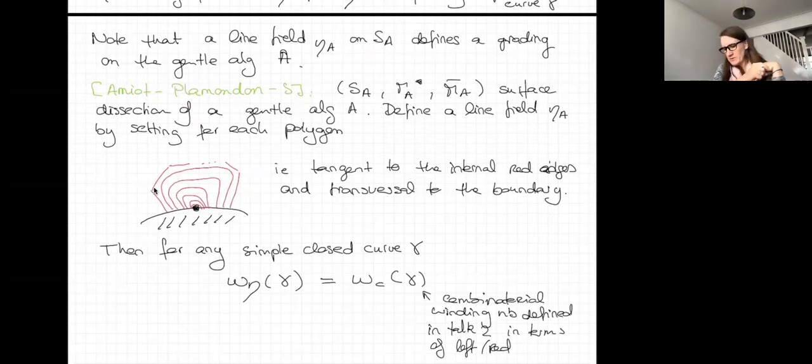Furthermore, this line field gives rise to zero grading on the Genta algebra, and eta is the unique such line field up to homotopy.